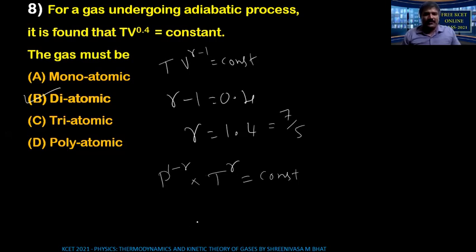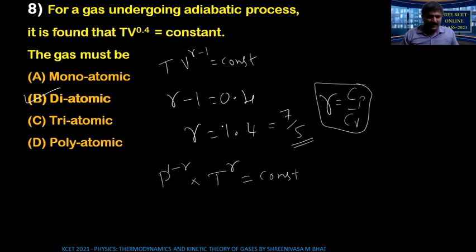We may have to use these in some problems when pressure and temperature relations are given. So option B is right here. It is diatomic gas based on the ratio of specific heats. This gamma means ratio of specific heats, Cp by Cv. Gamma value is 5/3 for monatomic gas, 7/5 or 1.4 for diatomic, and 1.33 or 4/3 for triatomic gas.